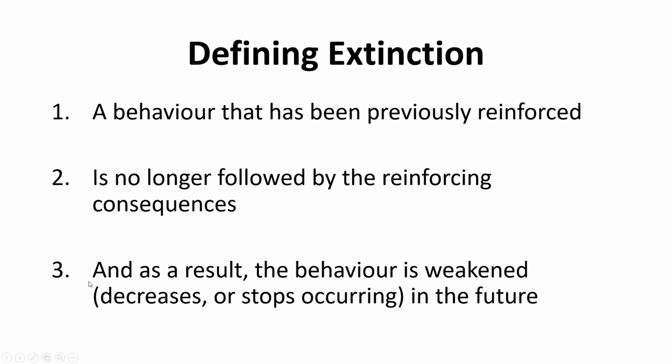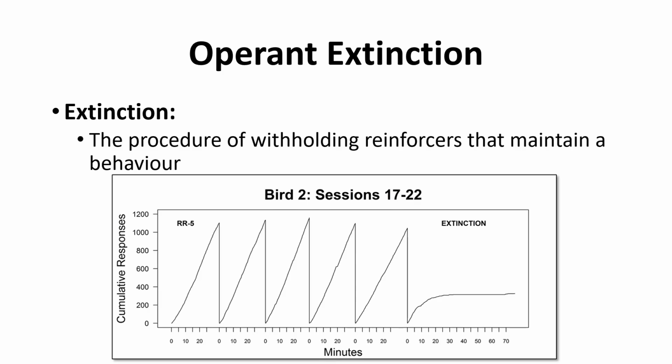The third part is that as a result of these two things, that behavior is going to be weakened, meaning that the behavior of interest is going to decrease or stop occurring in the future. The bird used to get food for pecking a key, now they no longer get food for pecking that key, and as a result, we see a reduction in key pecking from that point forward.